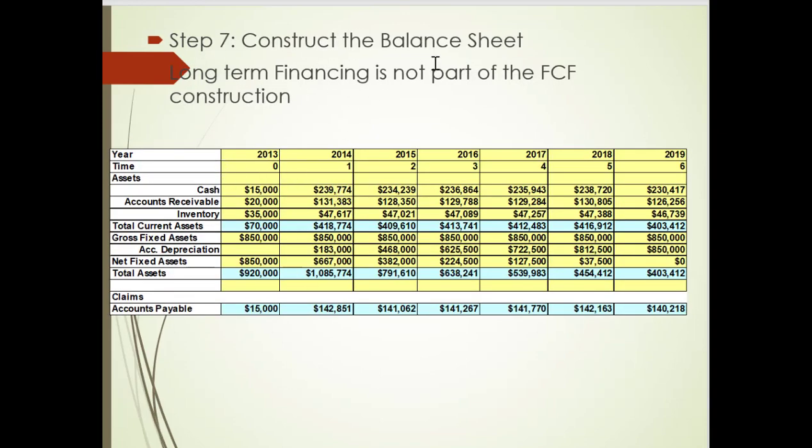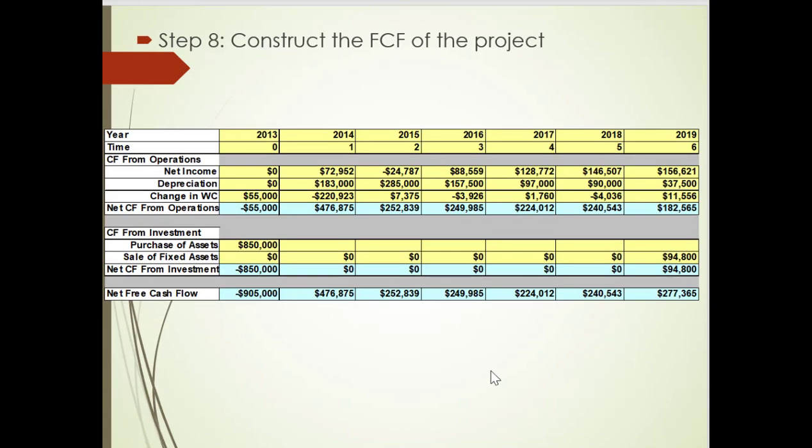We can then construct the balance sheet from our financial statements up above. All of those things fall into place. Step 8 then is to create the free cash flow of the company. And again, this all falls down. Here's our net income, adding back depreciation, taking into account any changes in working capital for the year.